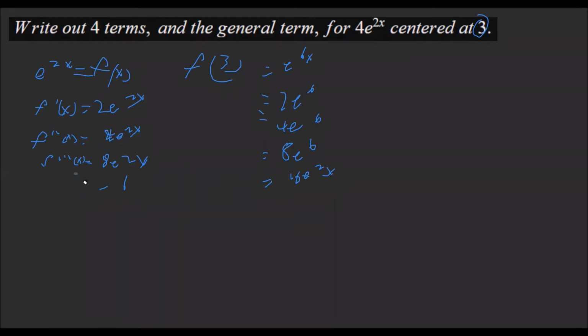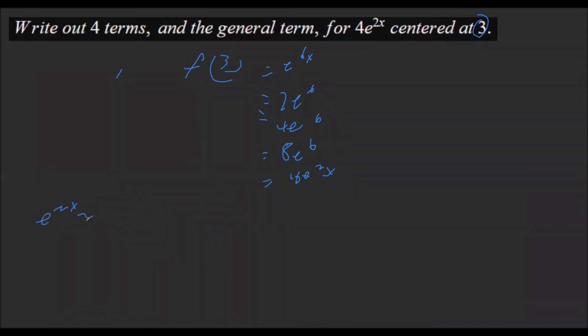From here, we have to write out our polynomial. So let's begin as soon as I erase this, and we might as well call it e to the power of 2x. So e to the power of 2x is approximately equal to f of a, which is going to be e to the power of 6, not 6x, just 6. I don't know why I wrote it as that. But yeah, it's just e to the power of 6, yes.